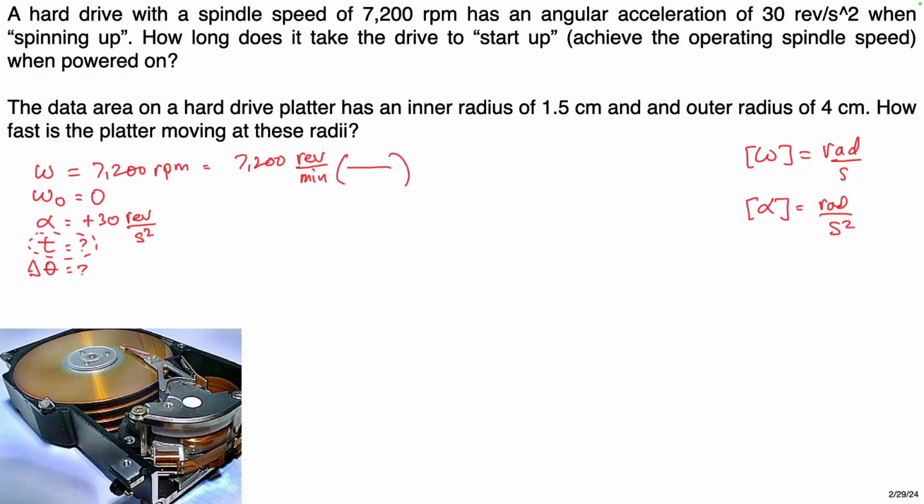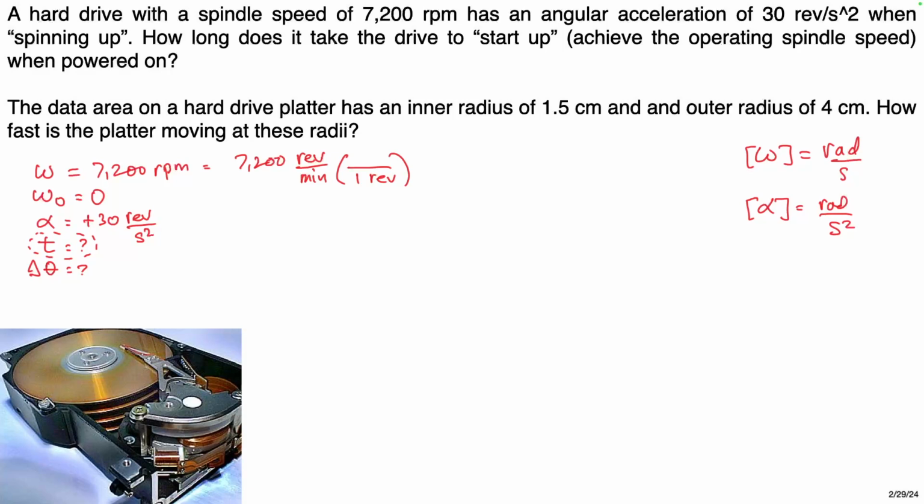Okay. In one revolution, one complete circular motion, I want to get to radians, don't I? Do I know anything about how many radians it takes to go around once? How far is that in radians? 2 pi, right?